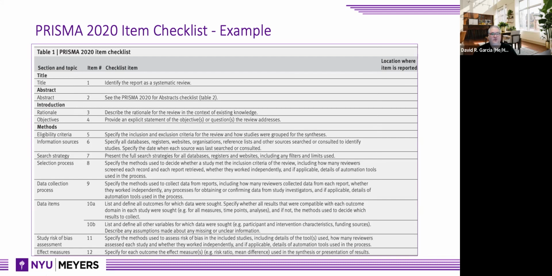And then it goes into all the different parts that you'll need to address in your paper, such as the introduction, the methods, the results, and so on. So this is just a snapshot of the first page, but I have the link in the notes here, and you can see it's pretty lengthy, and that's for a good reason, because they really want to make sure that you include everything that's necessary.